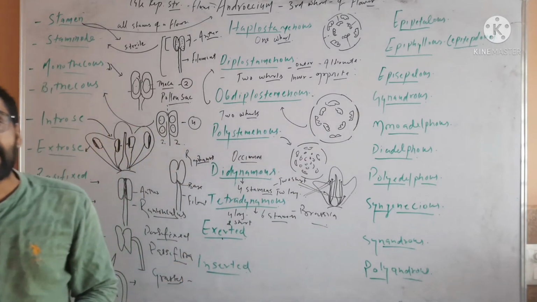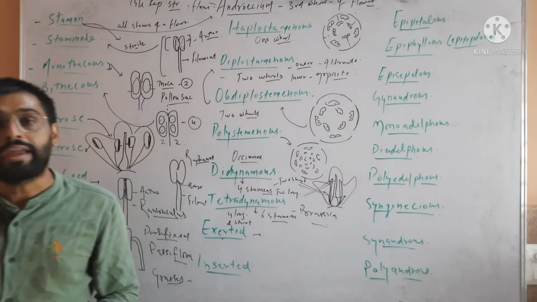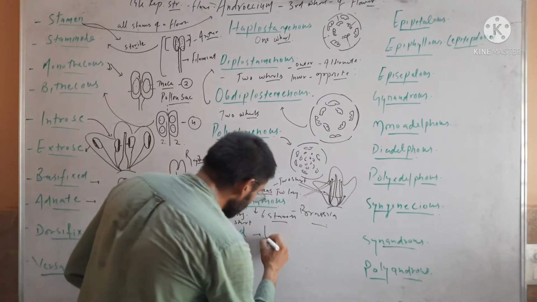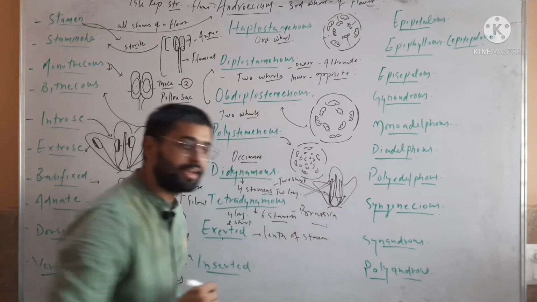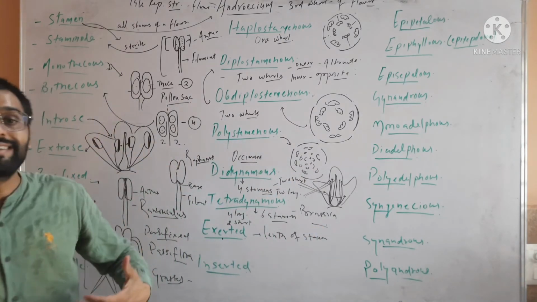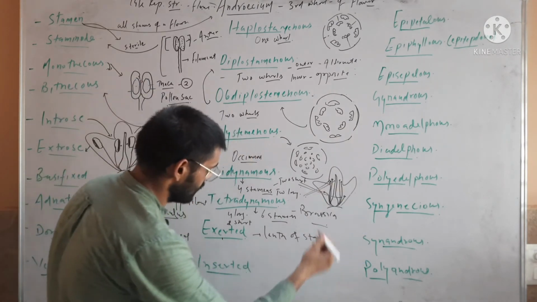So next is exerted. Here the length of the stamen is longer than the corolla, like this.